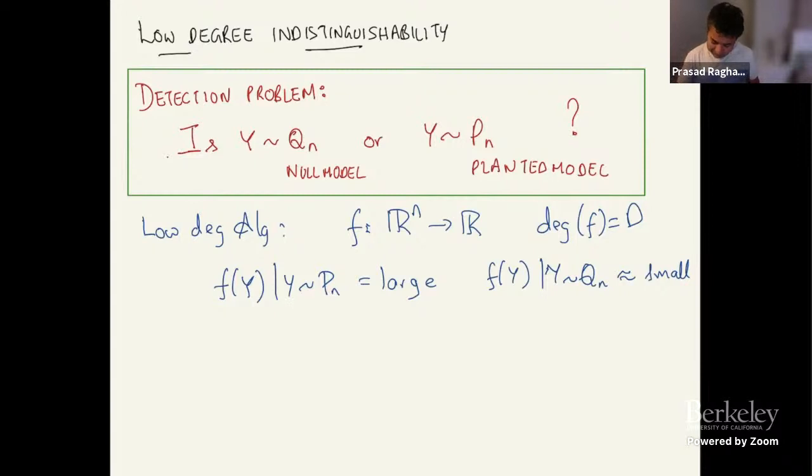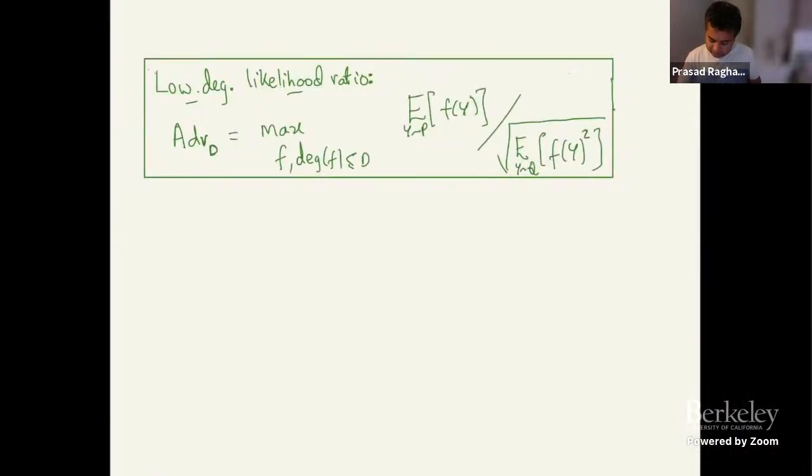The really nice thing about low degree polynomials is that they're such a nice, almost simple, silly class of algorithms that you can actually take away the creativity and write down what is the best algorithm in that class easily. In particular, the best algorithm would be given by the output of an optimization problem.